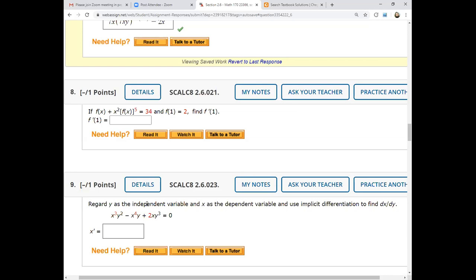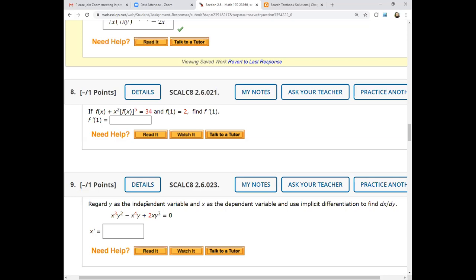So we have 80 times f prime of 1 times 1. See how much easier that got? And that's equal to 0. So now I can solve for f prime of 1.